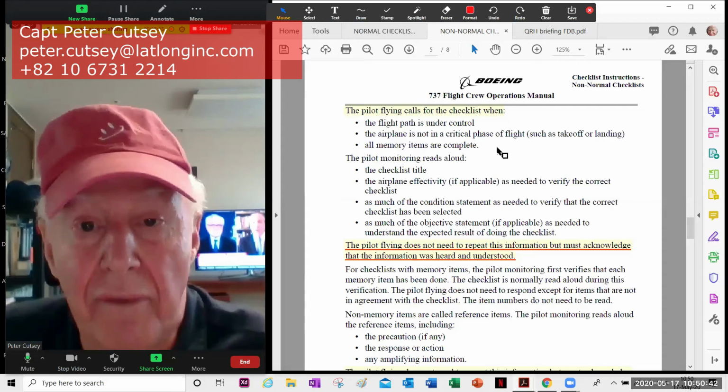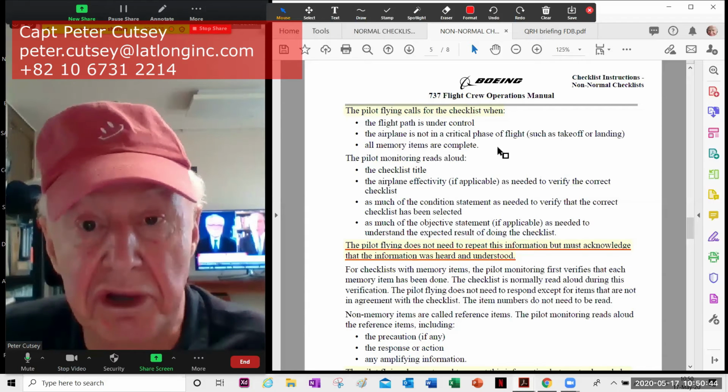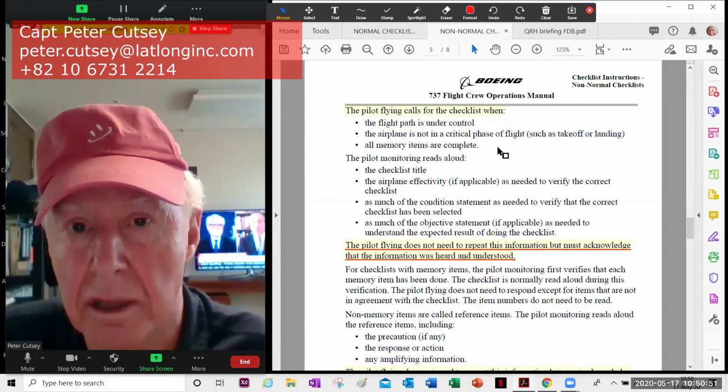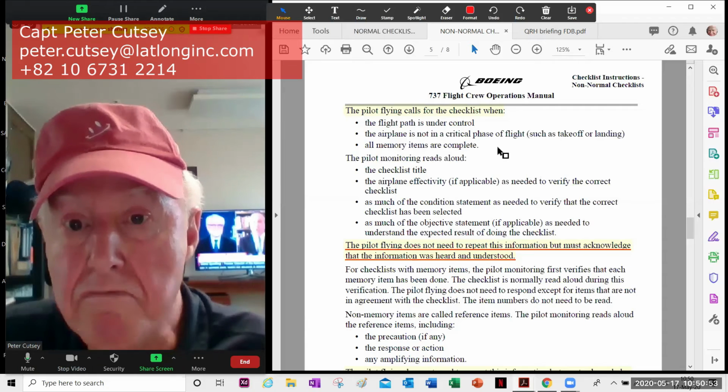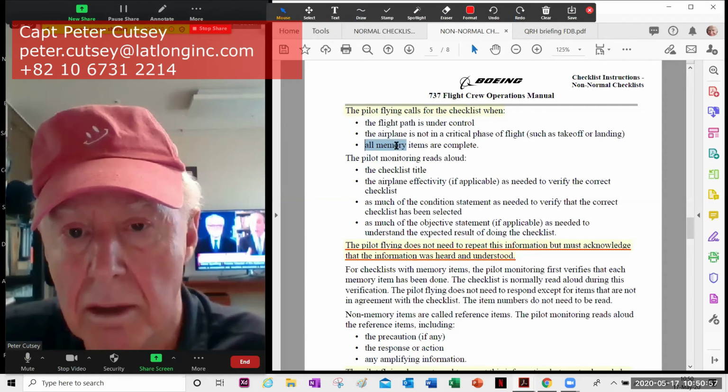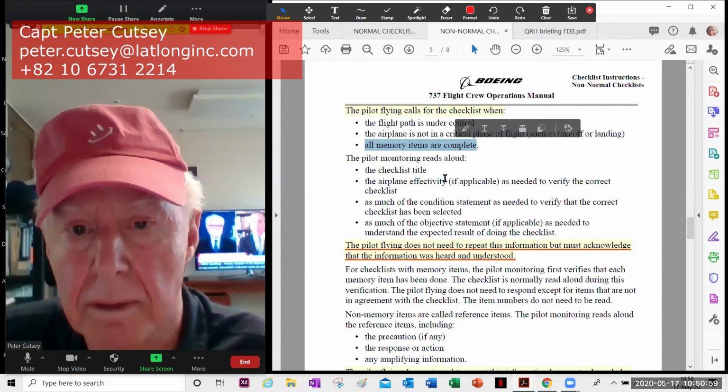If you don't have the aircraft fully under control and it's 800 feet, you still don't do memory items. So the prerequisites are aircraft under control, minimum 400 feet. Then memory items are complete.